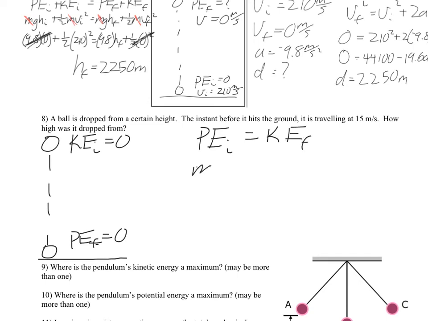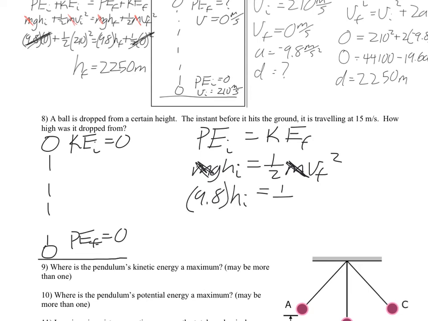So we have mgh initial, which is our unknown, we're looking for that initial height, equals 1/2 m v final squared. Notice here that masses cancel out again. We're not given mass, so we couldn't use it if we wanted to. So we have g is 9.8, h initial is our unknown, equals 1/2 of 15 squared.